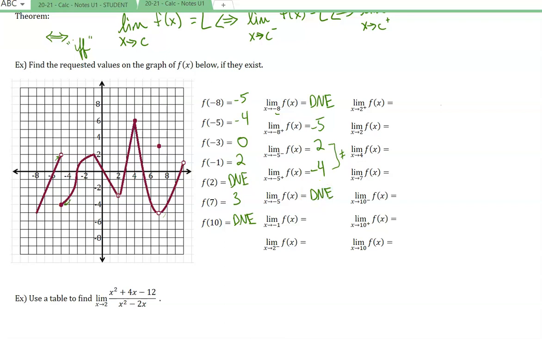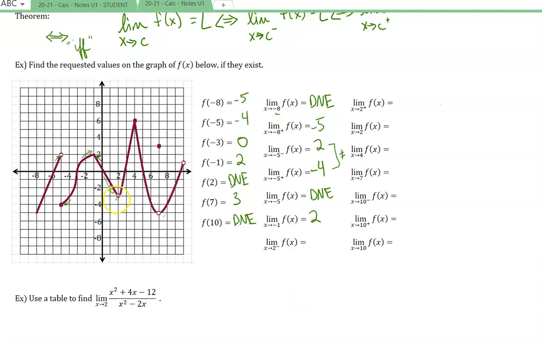Okay? Moving over to negative 1. Limit as x approaches negative 1. Okay, that's right here. Well, we are approaching the same thing from both sides, so the limit does exist, and the limit is 2. Okay, another one-sided limit, the limit as x approaches 2 from the left. As we approach 2 from the left, we're coming down this way.